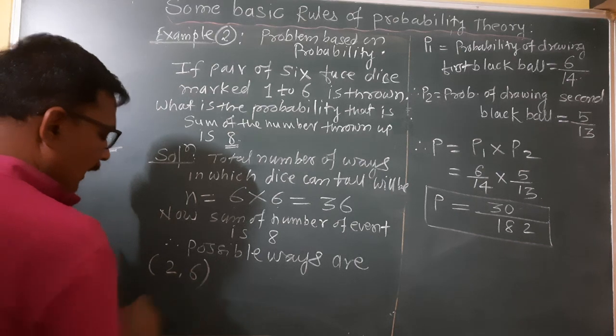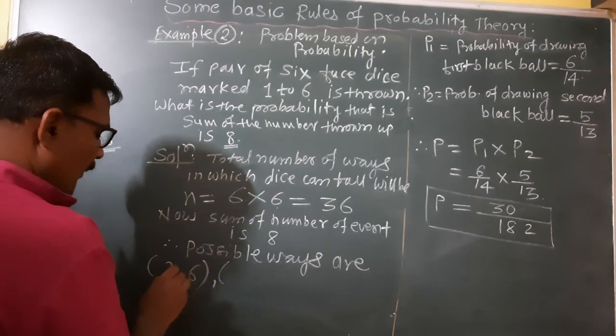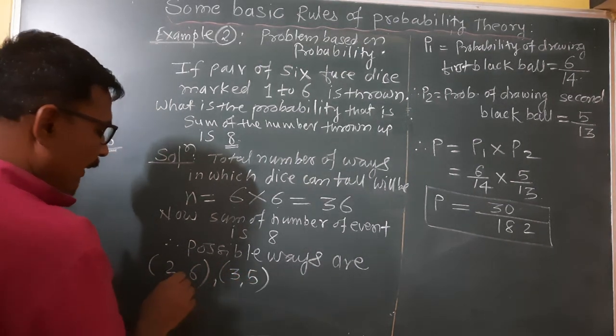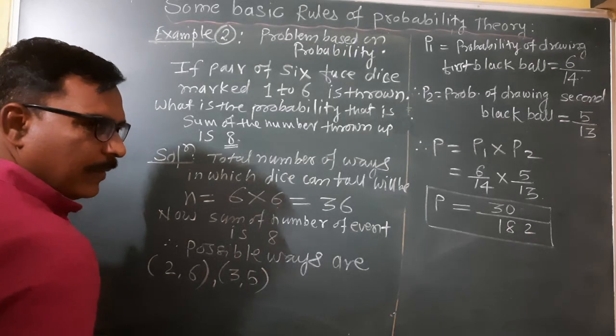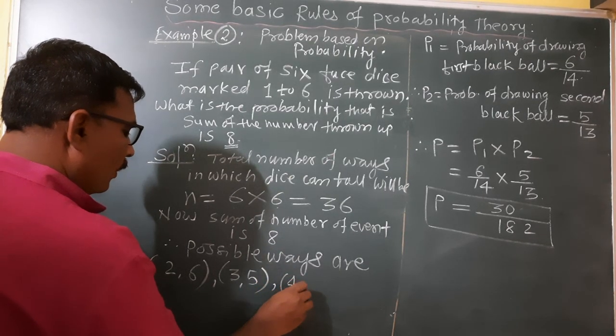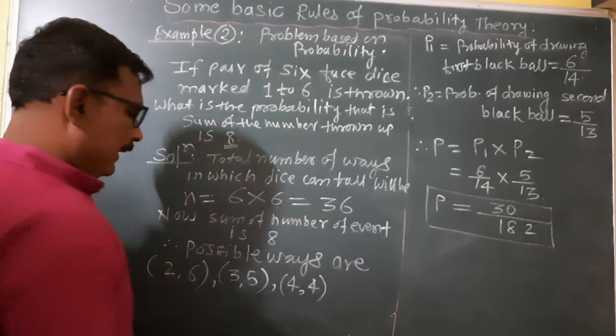First one is 2, 6. Secondly, we have 2 replaced by 3, and here it will be 5, that is 3 plus 5 is 8. Next one is 4, 4 plus 4 is 8.